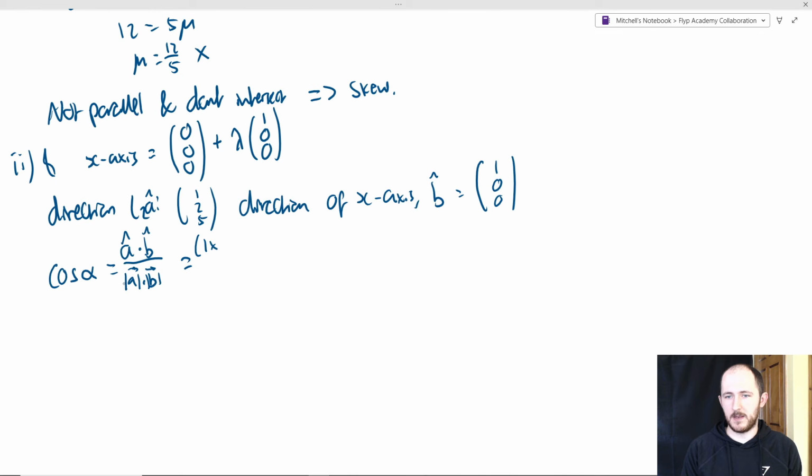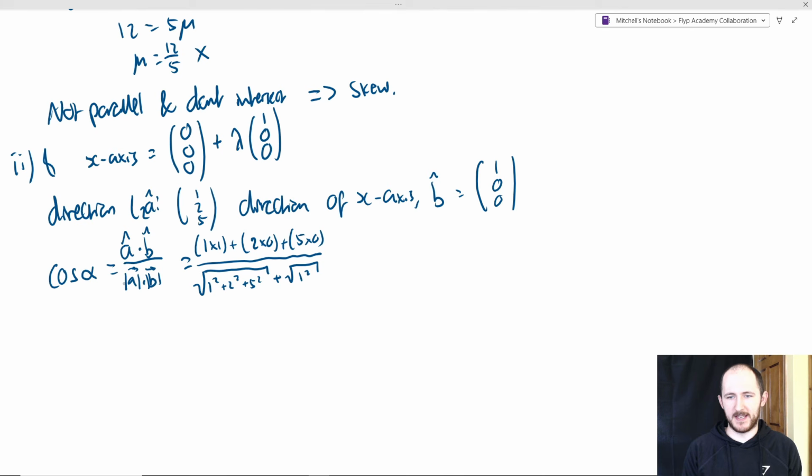So 1 times 1 plus 2 times 0 plus 0 times 0. Over the magnitudes of them, so 1 squared plus 2 squared plus 5 squared, and the only magnitude we care about for the other would be 1 squared, so it'd just be 1, shockingly.